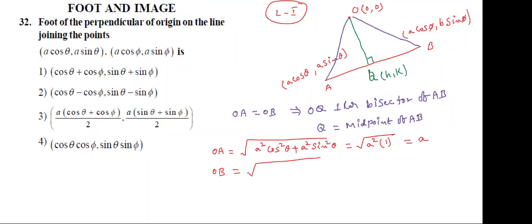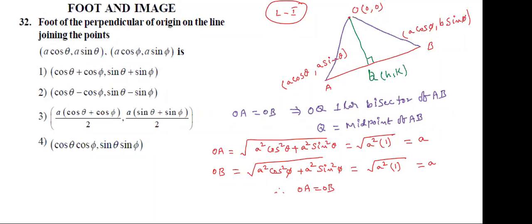Similarly, find OB. What is the OB length? Apply the distance formula: a² cos² phi + a² sin² phi. Take a² common: under root a² times (cos² phi + sin² phi). That is also a. So finally we got OA is equal to OB, or not?